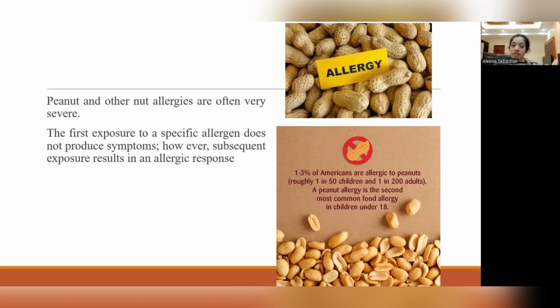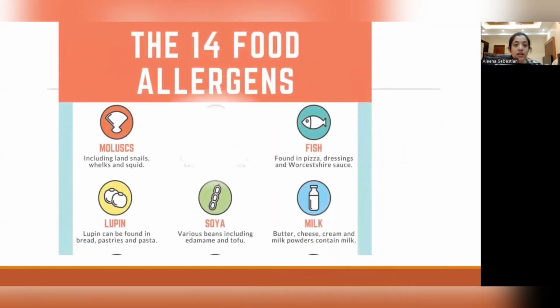Now we will see which are the 14 major food allergens. This pictorial representation will show you the 14 food allergens. The first one is molluscs, which include snails, whelks, and squid. Eggs, which can be found in cakes, sauces, and pastries. Then fish, which is found in pizza, dressings, and sauces.